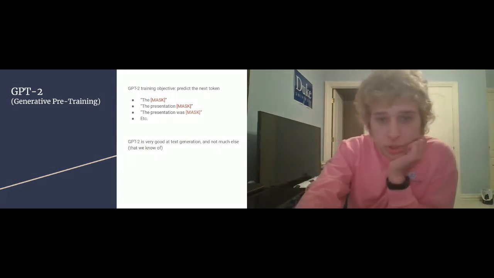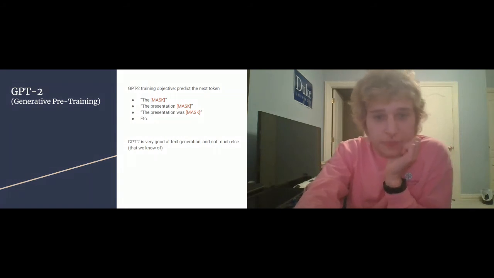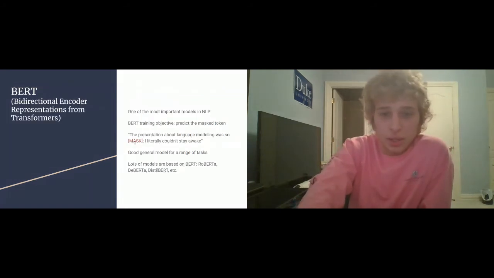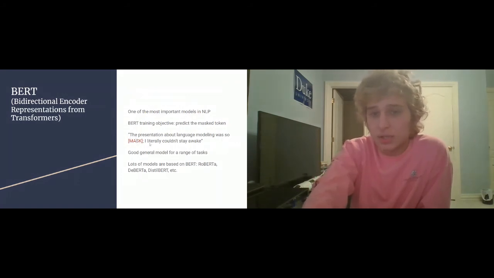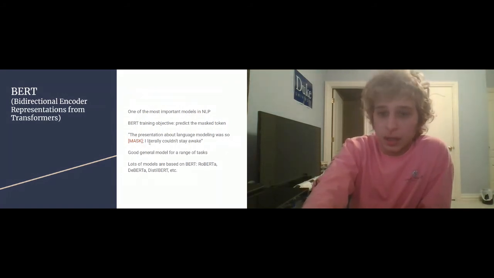So if we go back to BERT, if there's just this one token here that's masked out, BERT has this whole sentence as its input. So it sees the presentation about language modeling was so I literally couldn't stay awake. And the only thing that it doesn't have is this single token here.